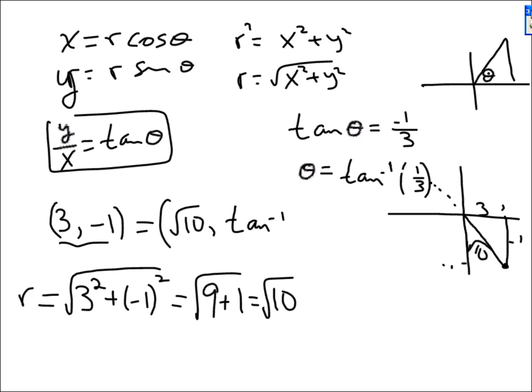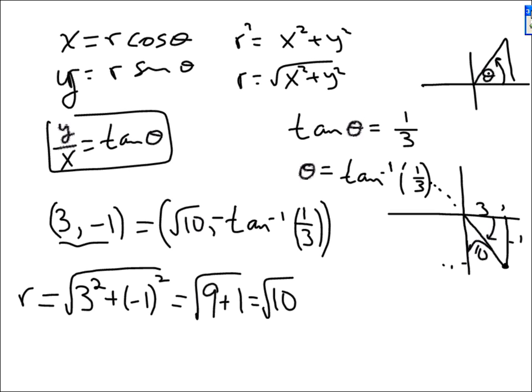Let's just say, for argument's sake, it was 20 degrees. That is, this angle up in the top right is 20 degrees. Well, then that angle down there will be negative 20 degrees. So the answer would be the arctan of a third, but negative.